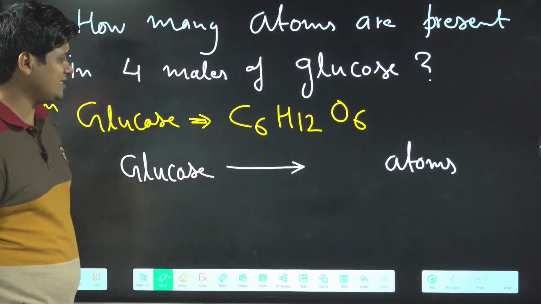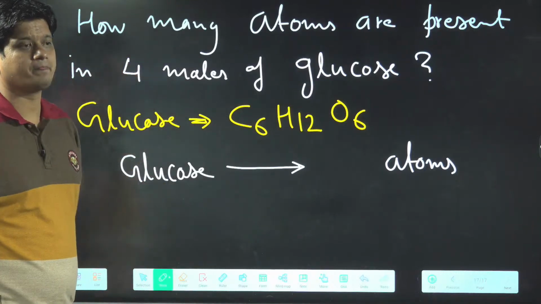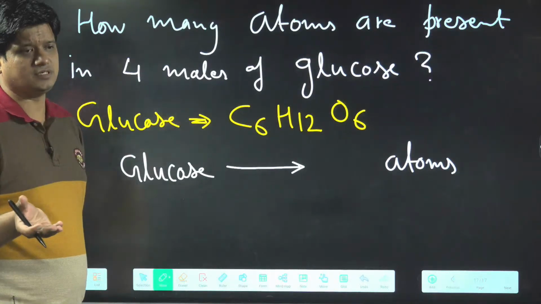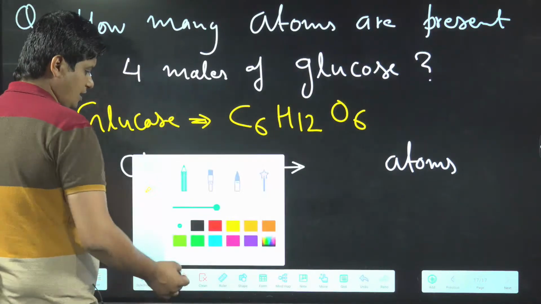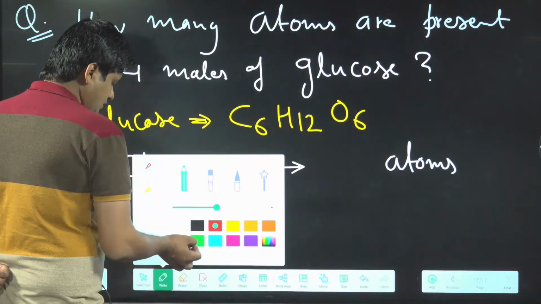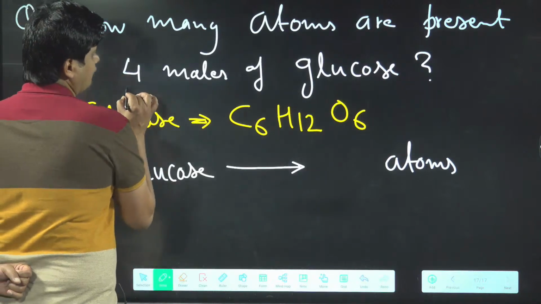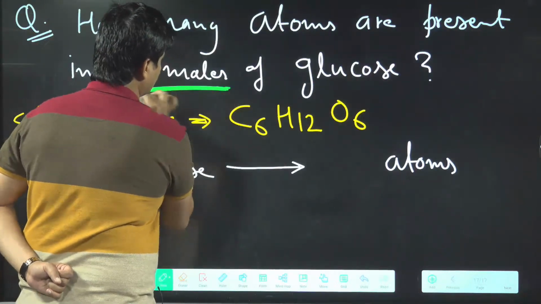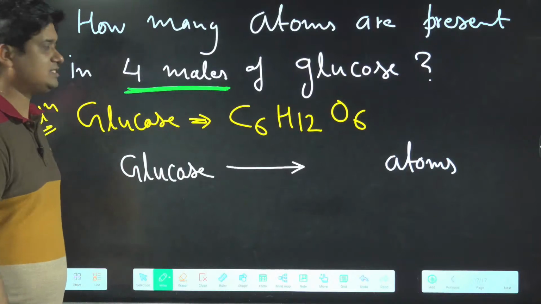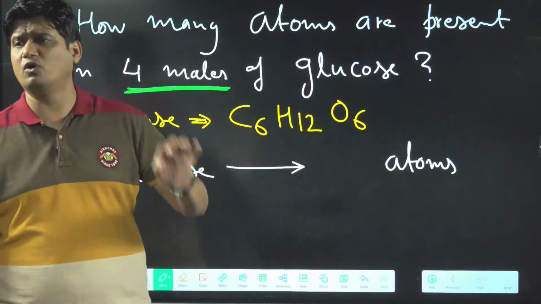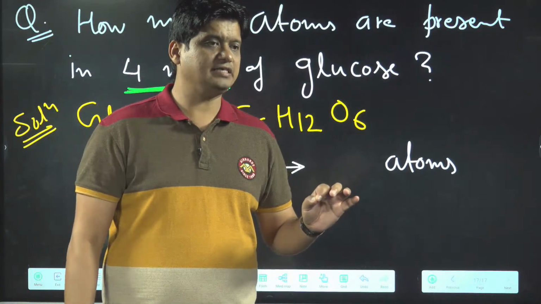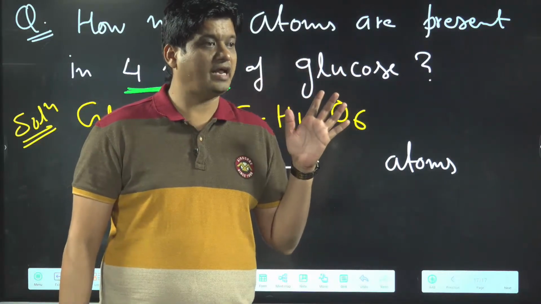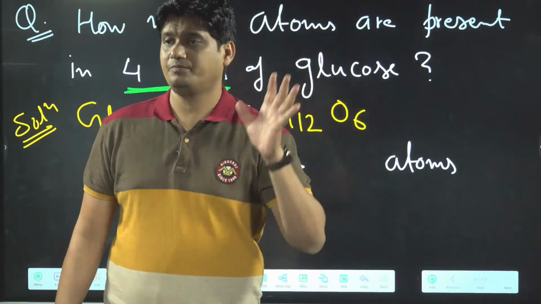Second thing is the data. In what terms is data given? If you see, 4 moles of glucose is given. Means data is given in terms of mole.